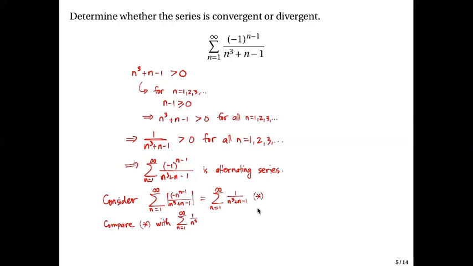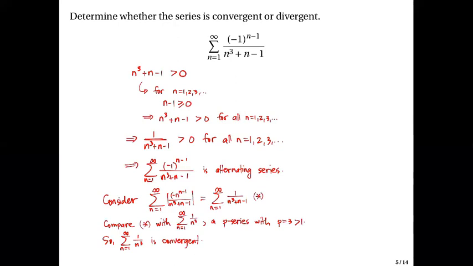This is a p series with p equals 3 greater than 1, which means that this guy here is convergent. So the sum of 1 over n cubed from 1 up to infinity is convergent.